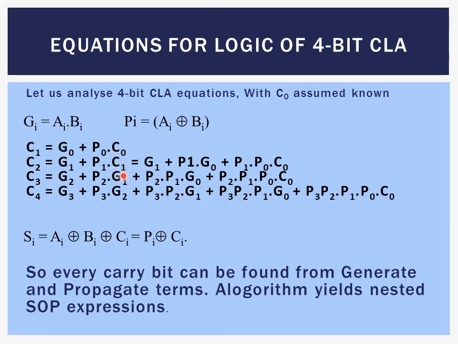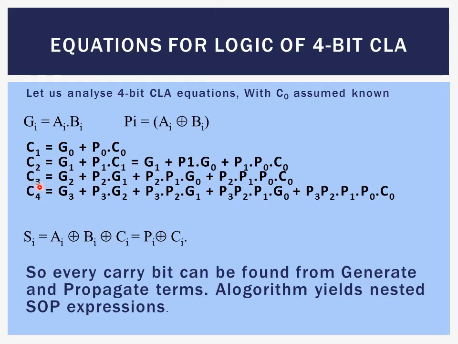However, since C1 is known to me in terms of G0, P0 and C0, I can replace C1 by this term. So G1 plus P1 into G0 plus P1 into P0 into C0. Simply I have substituted this entire term in place of C1, so that I will be getting C2 in terms of P0, C0 and G0. That is why it is called the recursive formula or the nested form.